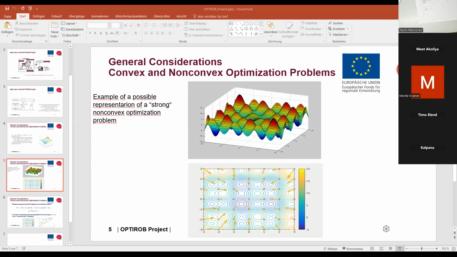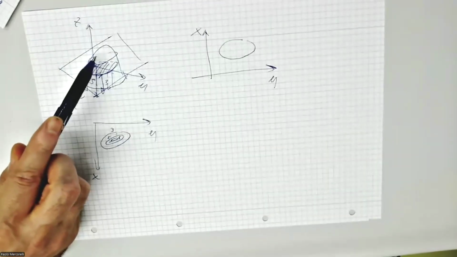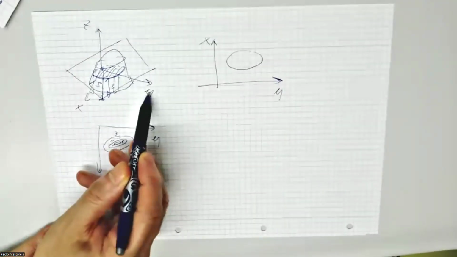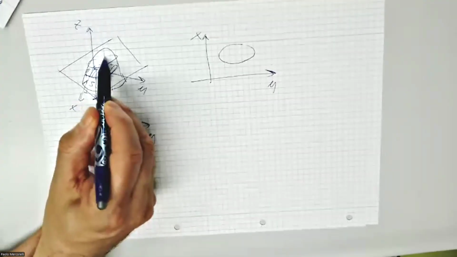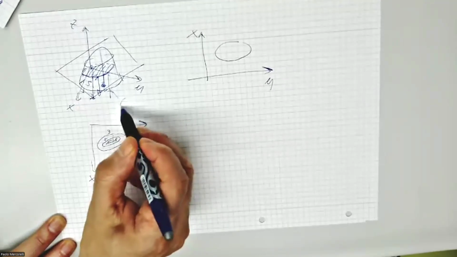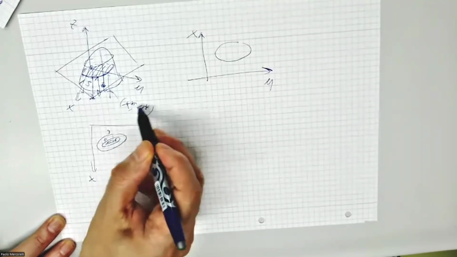Exactly what I told you before, omega and v. Or in my picture here, we want to find, for instance, this maximum. Again, maximum or minimum is the same problem, an optimum, characterized by x star, y star. This point here is characterized by 2 coordinates, x star and y star.